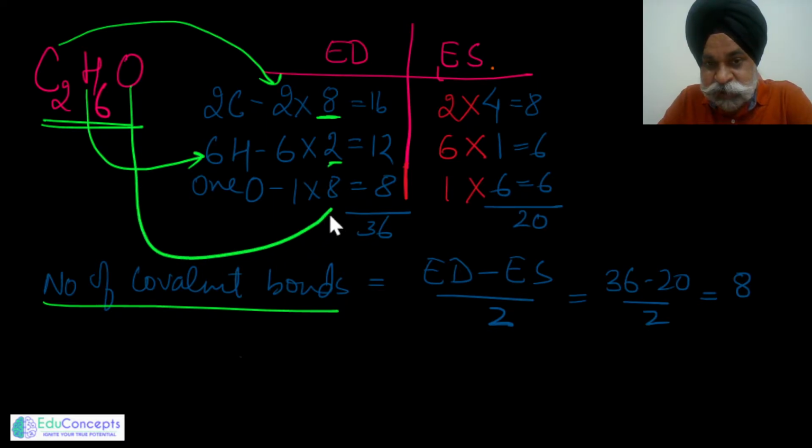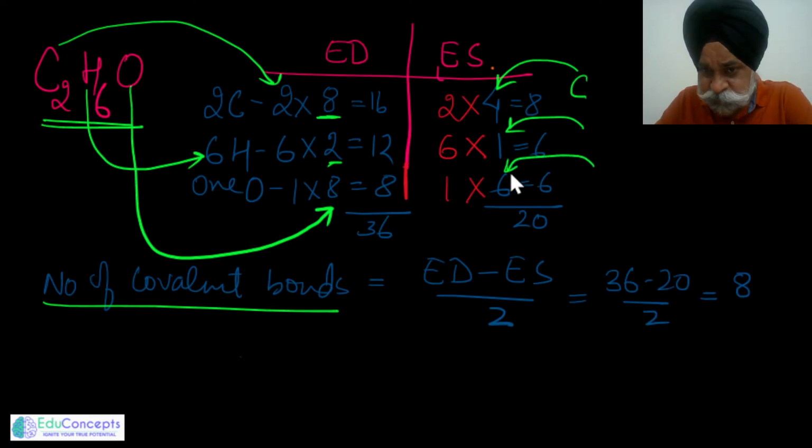Oxygen is in search of 8 electrons because it has 6 valence electrons, so it requires 2 more to complete the octet. And here we have written all the valence electrons: for carbon it is 4, for hydrogen it is 1, for oxygen it is 6. So in totality, if you calculate it out, the number of covalent bonds we get is 8.